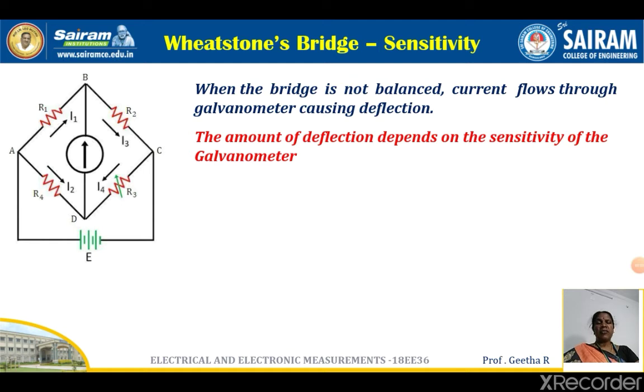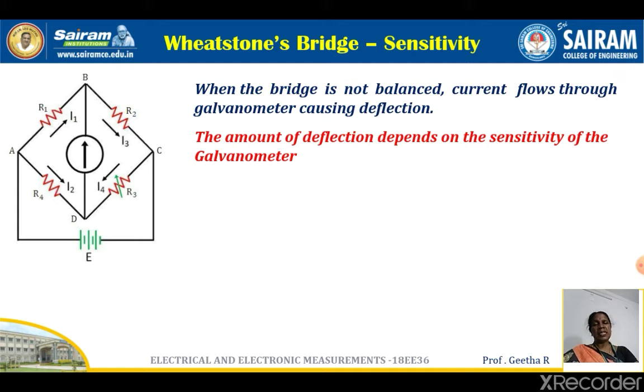So the amount of deflection depends on the sensitivity of the galvanometer. How much the needle is getting deflected depends on the sensitivity of the galvanometer. If the galvanometer sensitivity is very poor, it is not able to respond to smaller changes, and they cannot be reflected in the output.